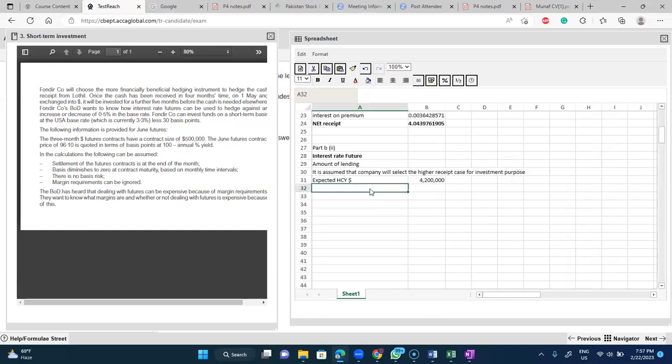So if you remember, it's a case of lending, receive interest, so we will buy future. And we are receiving in May, so June future, 96.10. That is 3.9%.